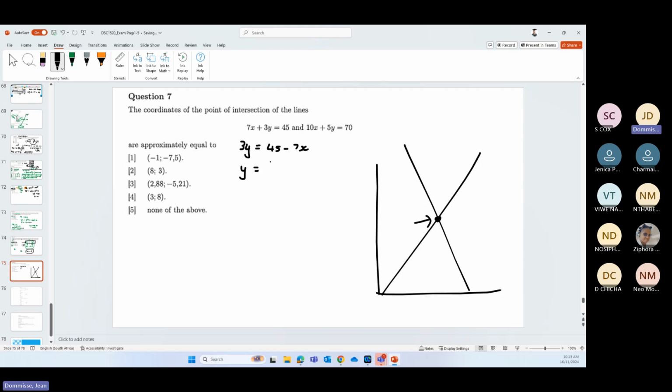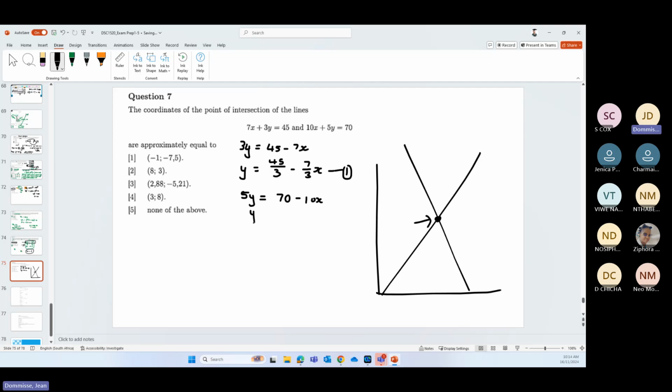That means y is equal to 45 divided by 3 minus 7 over 3x. And that is our first formula. Then we need to do it with the second one. There, 5y is equal to 70 minus 10x.